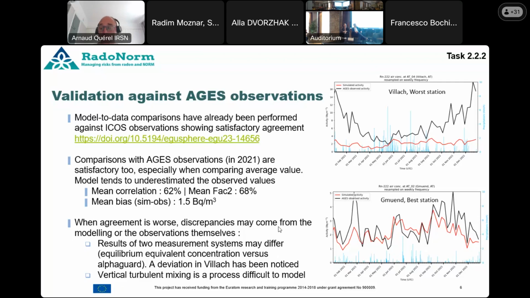And it also has to be noted that in many situations we have trouble determining the right concentration, and it's mainly due to the vertical turbulent mixing processes, which are very difficult to model at this scale.